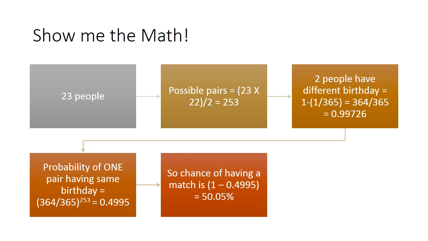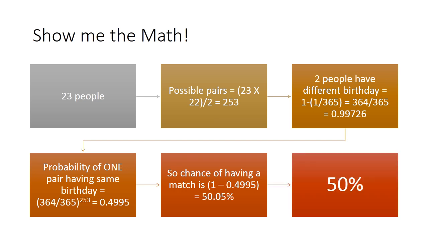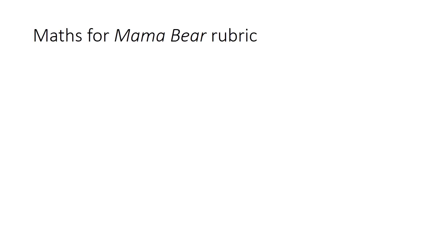So the chance of having a match is 50%. Quite surprising, isn't it? Now let's see what happens if the room is populated with more number of people. This is the maths behind the Mama Bear rubric which Dr. Phil Taylor has taught me.